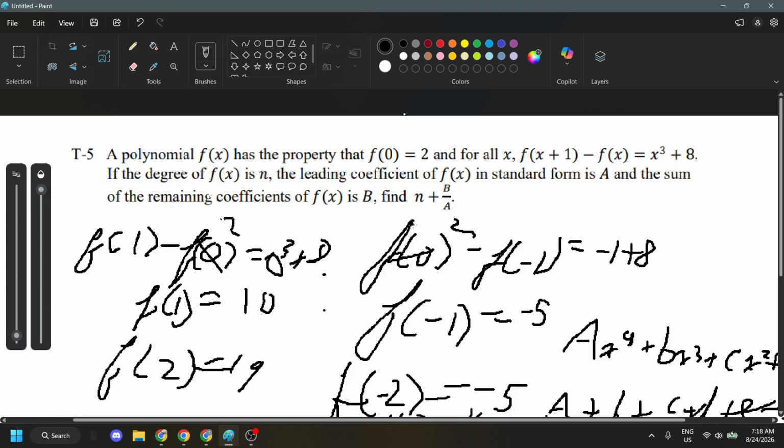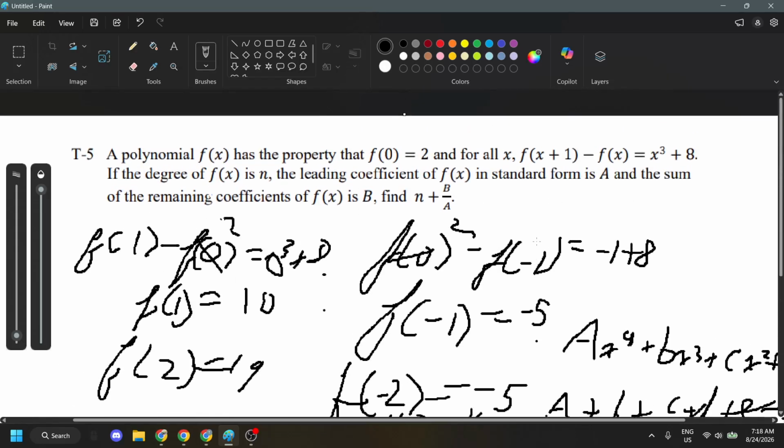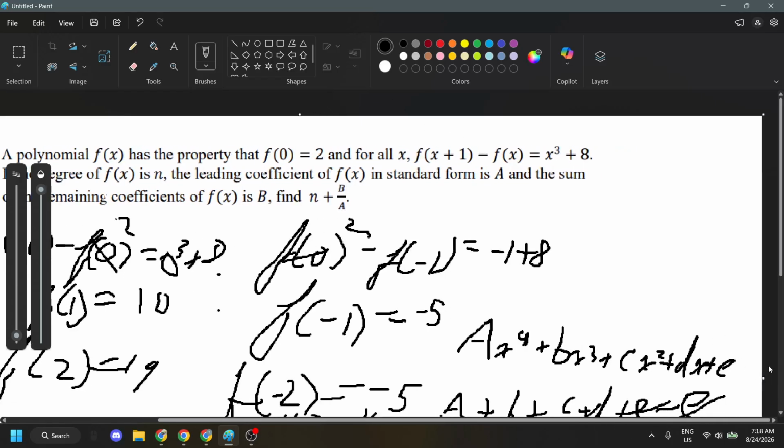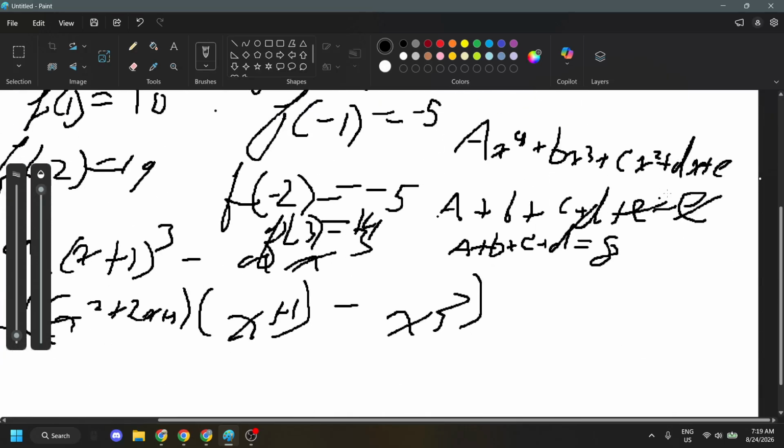And now it sounds like no matter what, I'm just going to be missing 0. Maybe not. Oh, f of 0 is equal to 2. So we know that e is equal to 2. Okay, that's helping us because I also would have no way to find e.